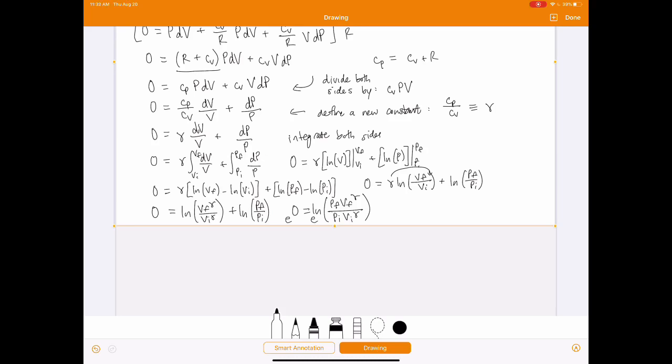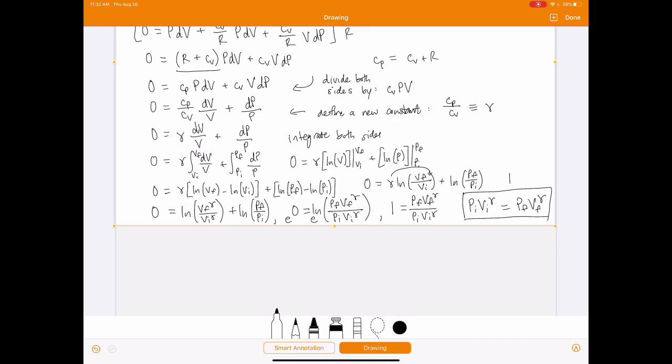On the left side, I'm going to have e to the 0 power, and on the right side, e to the natural log of all of that. Well, e to the 0 power is just 1. So what we're saying is 1 is equal to P final, V final to the gamma over P initial, V initial to the gamma, or rearranged, P initial, V initial to the gamma is equal to P final, V final to the gamma power.